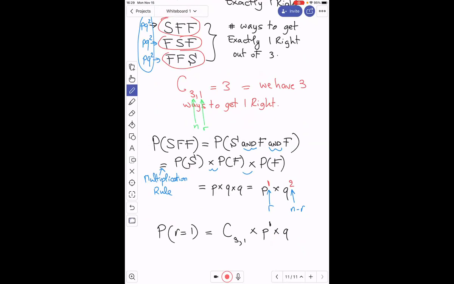So again, if you succeed in answering the first question correctly, then you're going to fail the other 2. So that's Q squared. Here 3 is N, 1 is R, and 2 is N minus R.